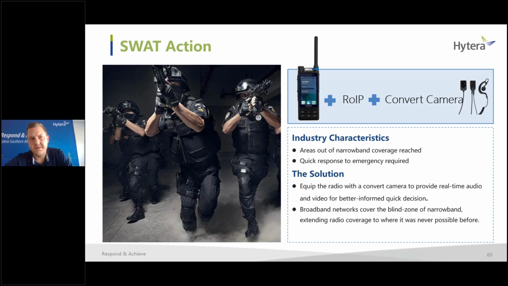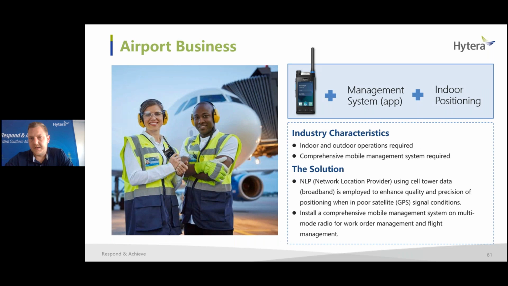And then again, if we look at the scenario I used before, a SWAT team can use this device for communication as well as video streaming and all of those capabilities that you have from a broadband connection. Again, for an airport, like I explained before, you could use a single terminal for your normal indoor-outdoor communications, as well as run applications to see what planes need to be serviced and which need to be inspected.